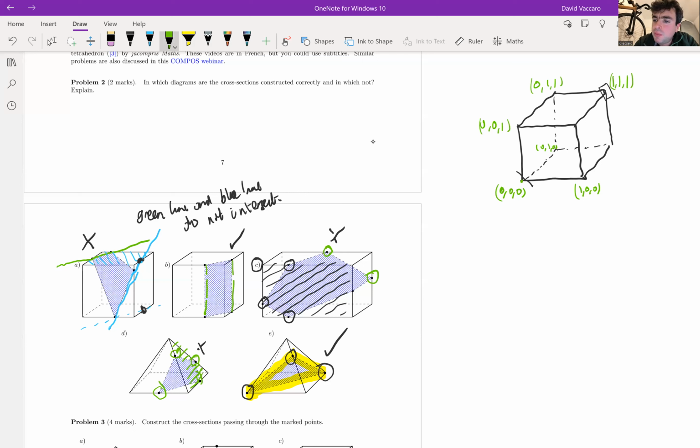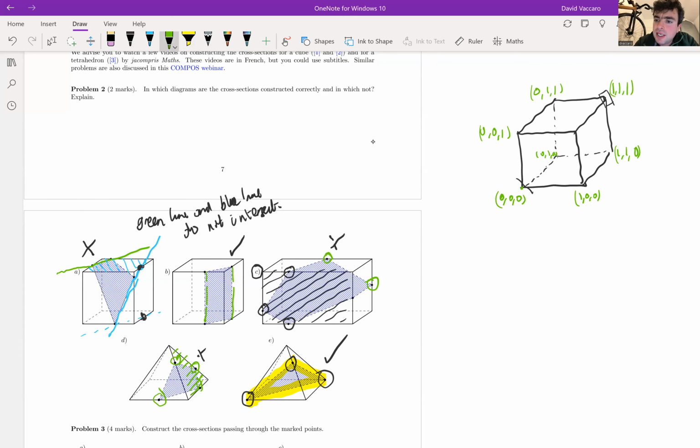This edge would be 1, 1, 0. Sorry, this vertex. And then this vertex is 1, 0, 1. Okay. So we've got eight vertices of the cube, and the 8 vertices of the cube are kind of like binary. They've just got all choices of zeros and ones.